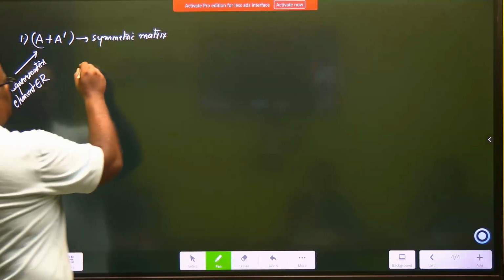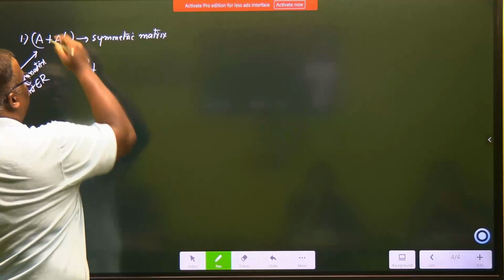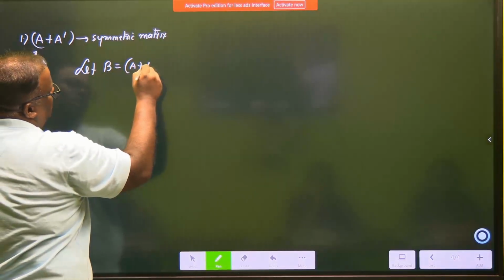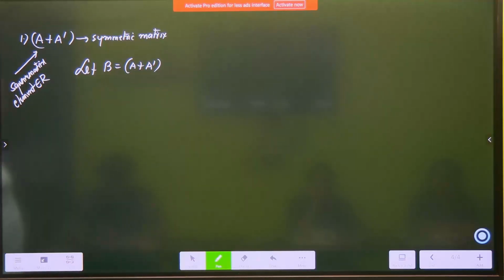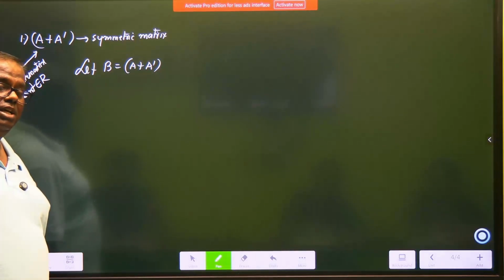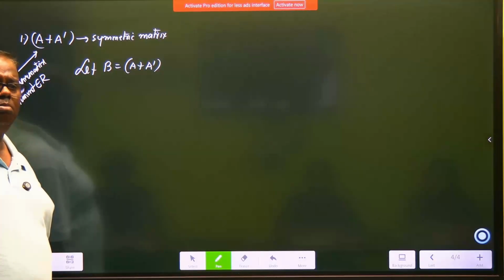So we say after adding these two, we get a matrix B, which is A plus A prime. Yes or no, children? Now, what is the theorem saying? Theorem is saying B is symmetric. That means B should be equal to B complement.